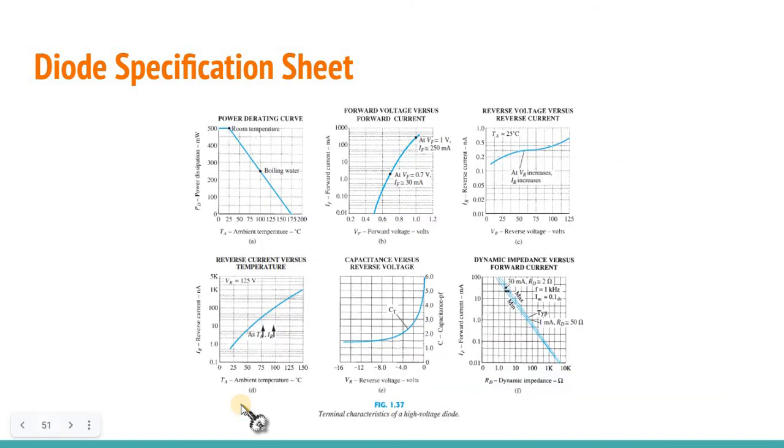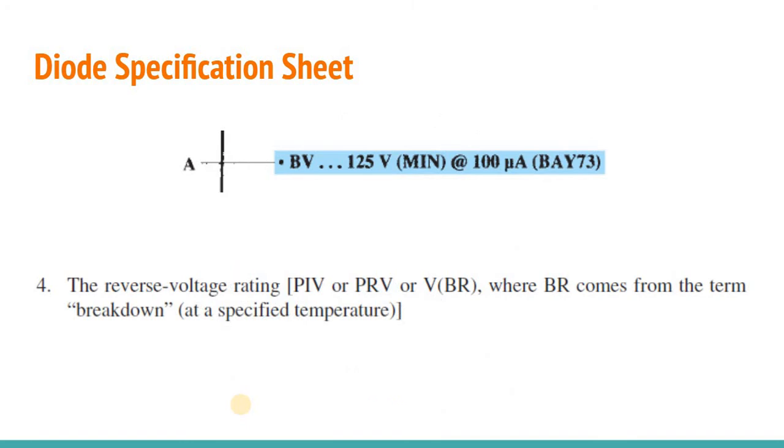Okay, so these are the graphs showing the relationships of each data. Okay, let's discuss first part A, or the breakdown voltage. So 125 volts ang iyang minimum voltage at 100 microampere nga current. So mao na siya ang una ninyo makita, ang breakdown voltage.